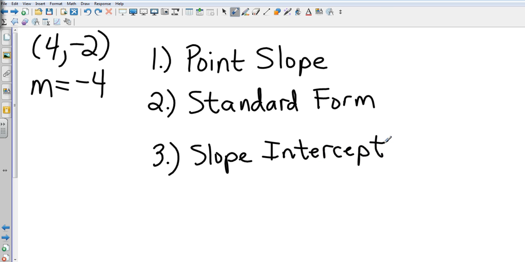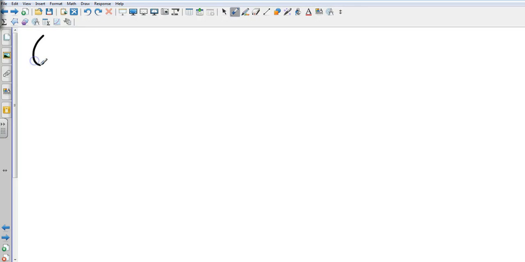I'll go ahead and pause for a little bit and let you do that. Again, 3 different answers: point slope form, standard form, and slope intercept form. Again, the point 4, negative 2, and a slope of negative 4.